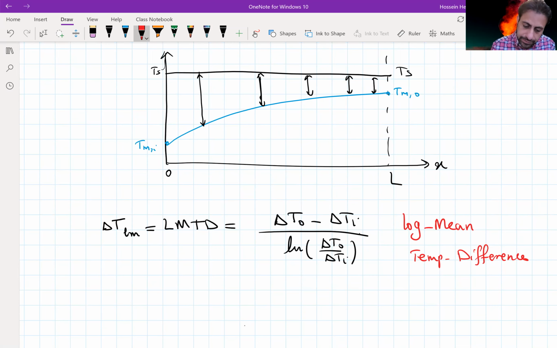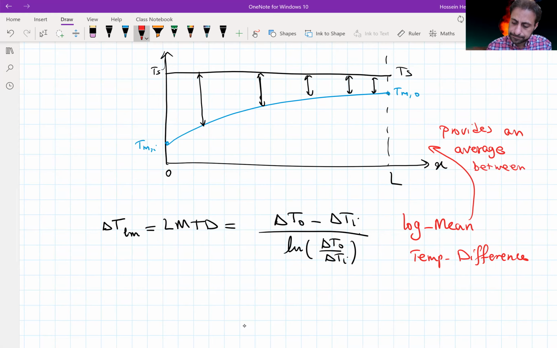Let me just write it down here: the average difference between Ts minus Tm, which is a function of x.